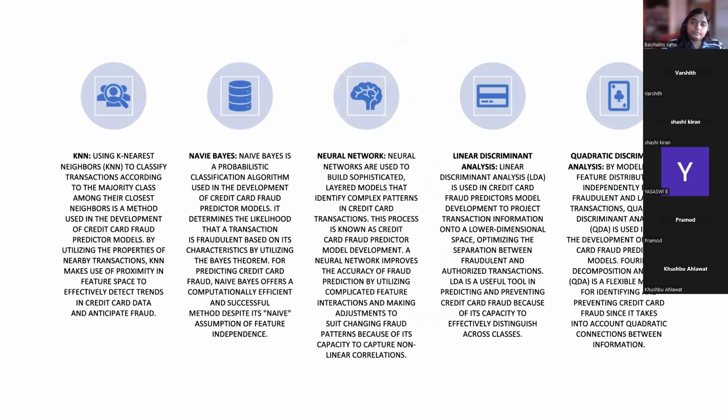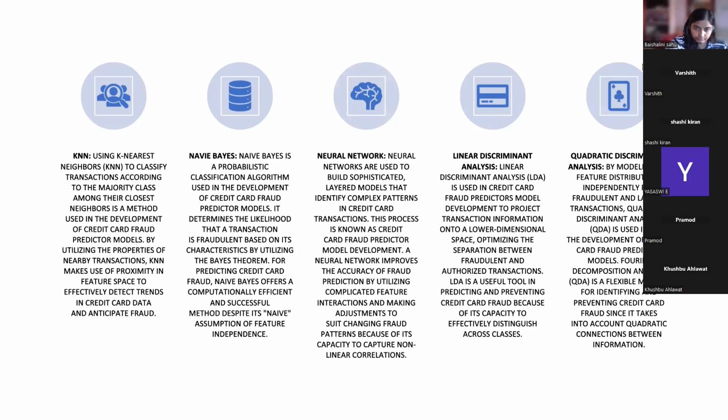Coming to KNN, it's a supervised machine learning algorithm. It classifies data points by the majority class of those near to it in the feature space. It is effective for tasks like pattern recognition.